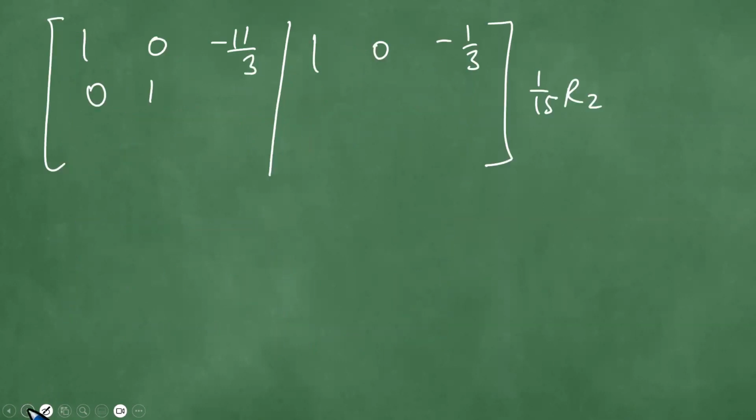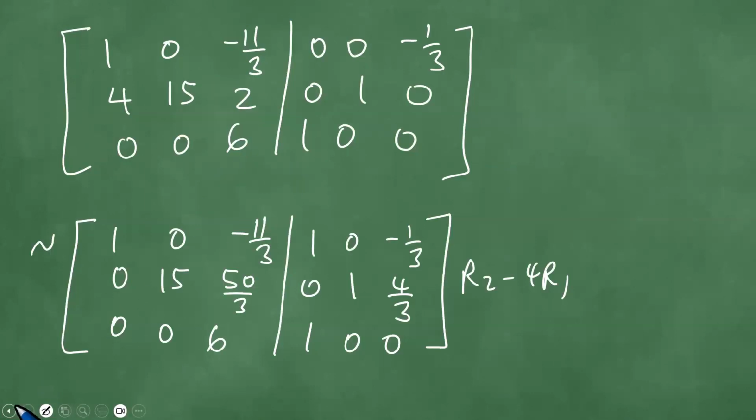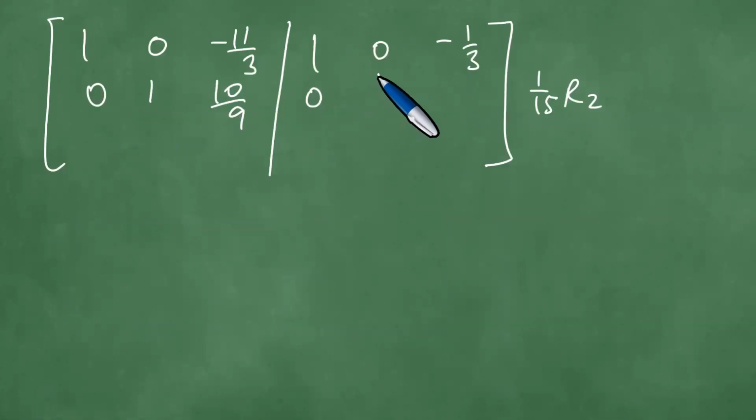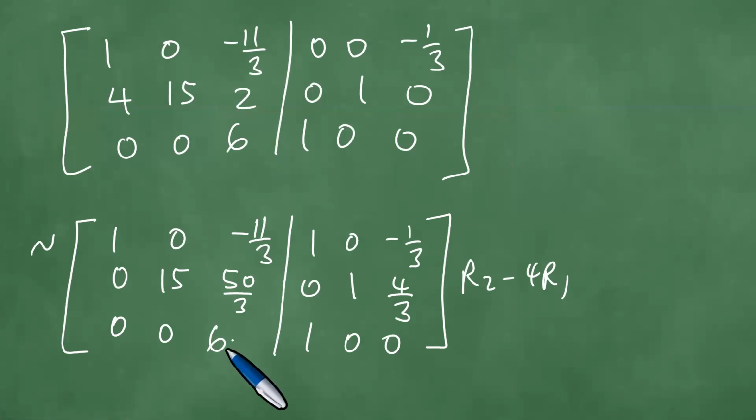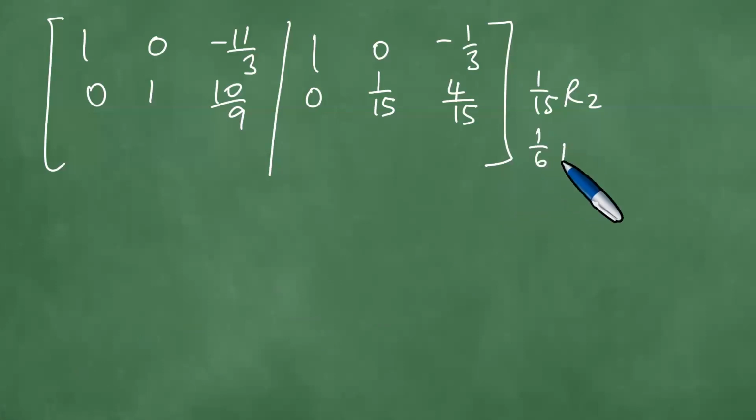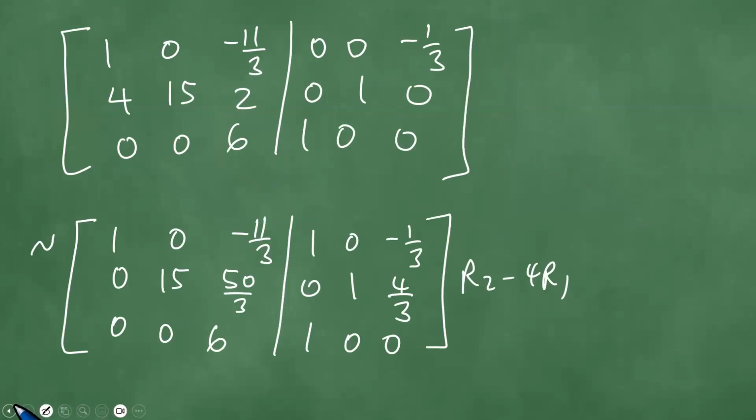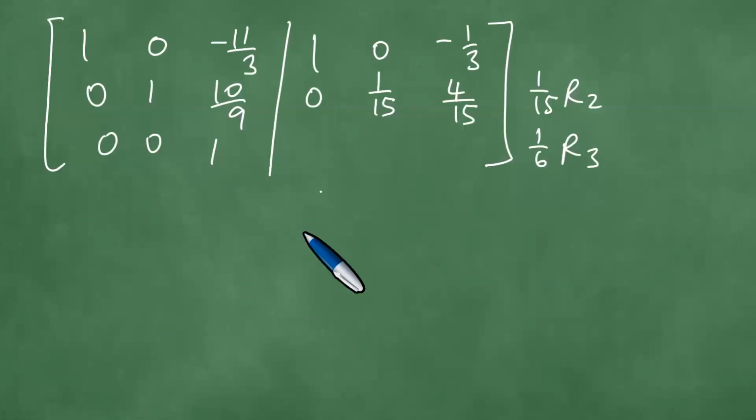It's 10 out of 9. Right, so 0, which is 1 out of 15. Then here we multiply by 1/6, which is 1/6, 0, 0.